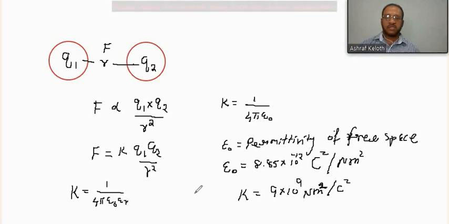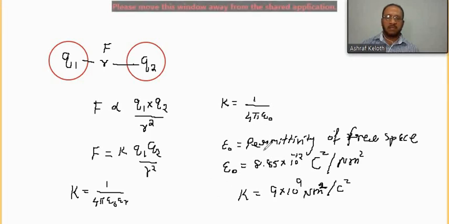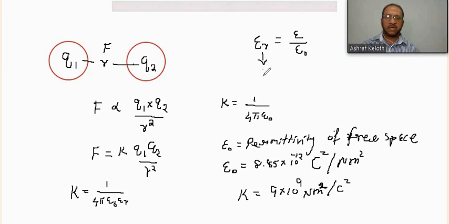Here the quantity epsilon r is called relative permittivity. Only epsilon naught is the permittivity of free space. Epsilon r is the relative permittivity of a medium, the ratio between the absolute permittivity of a medium to the permittivity of free space. It is also called the dielectric constant K.